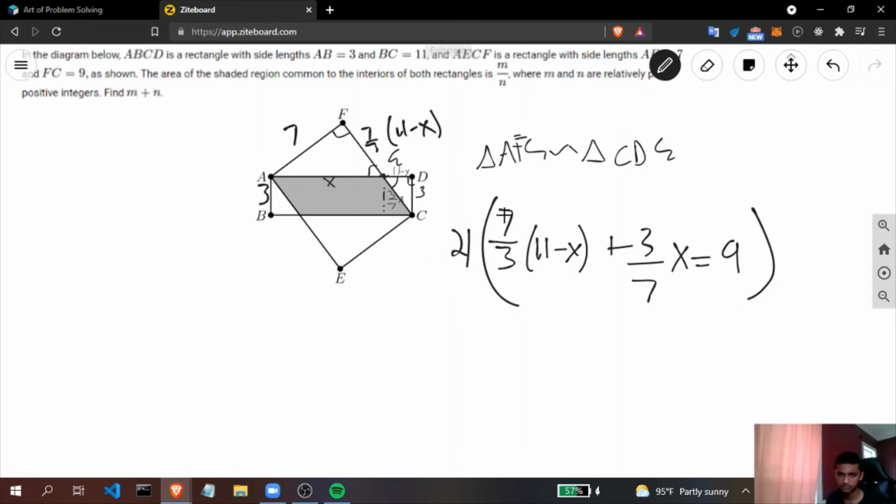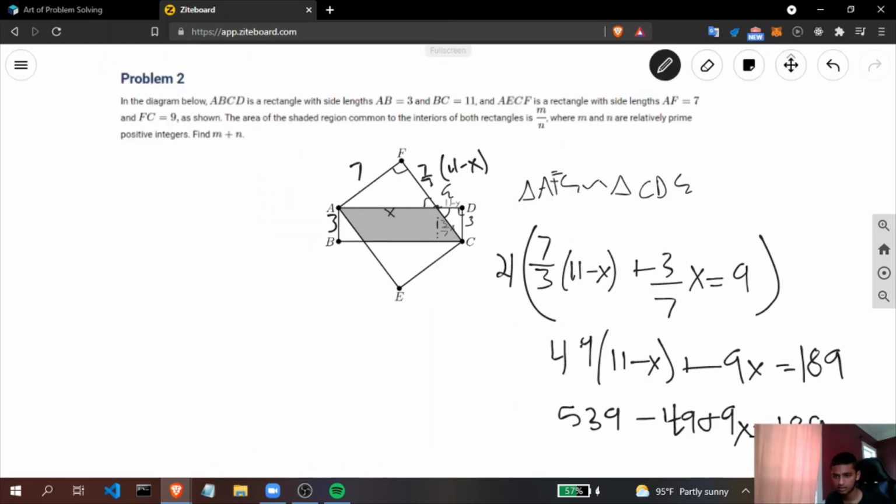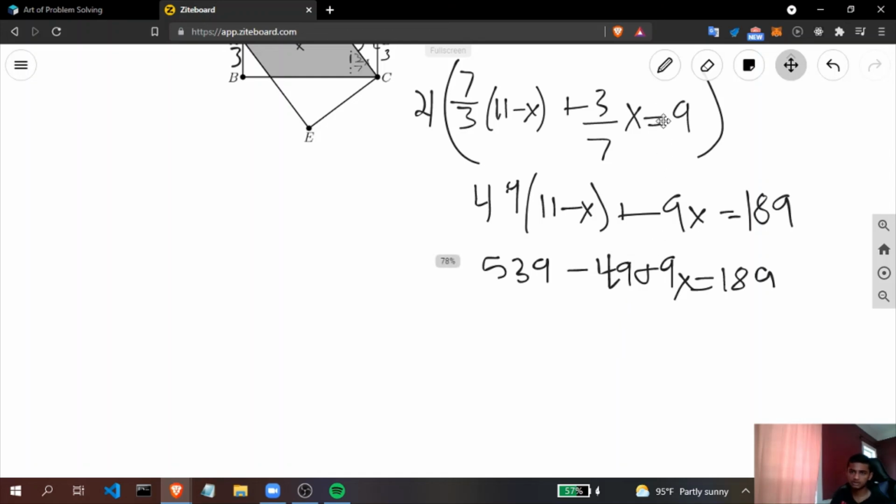That gives us 49 times 11 minus x plus 9x equal to 21 times 9, which is 189. 49 times 11 is 539, minus 49x plus 9x equals 189. Simplifying, we get negative 40x on the left-hand side, and on the right-hand side we end up with negative 350.